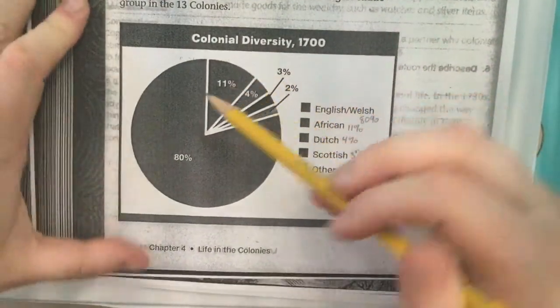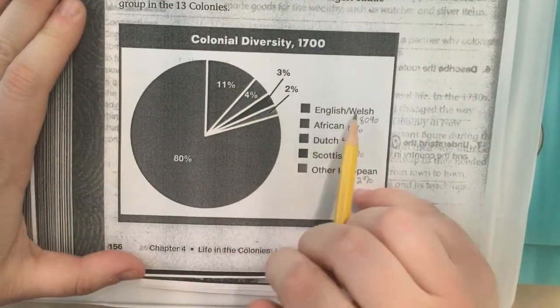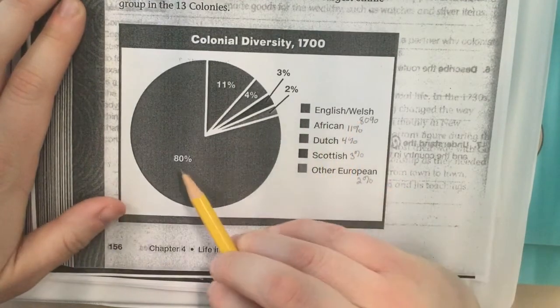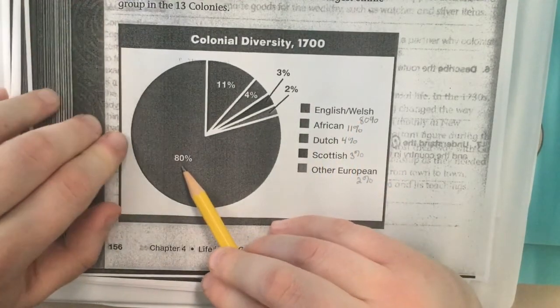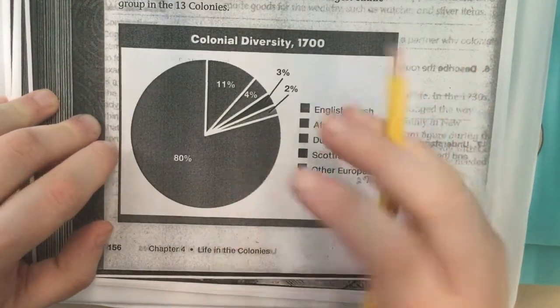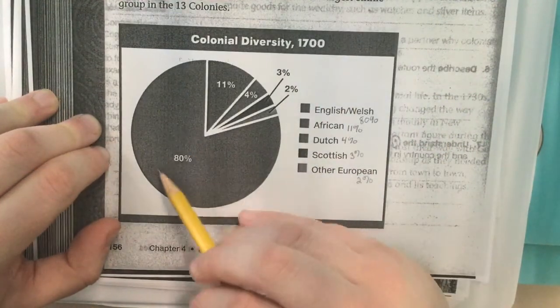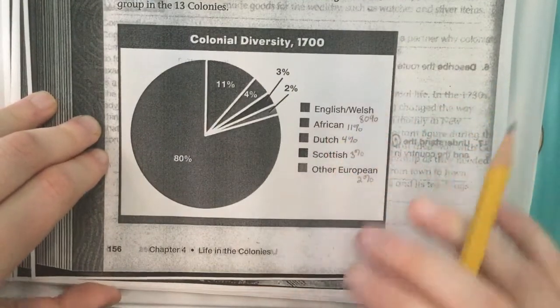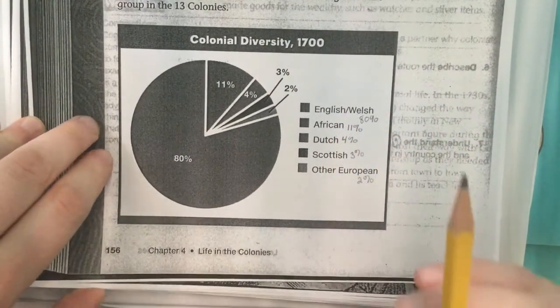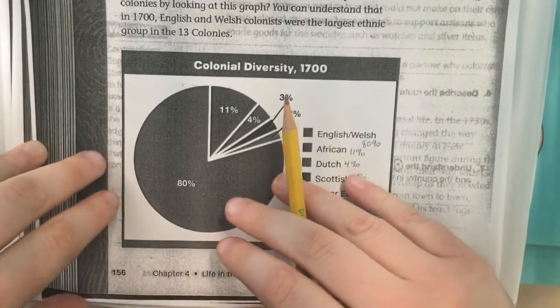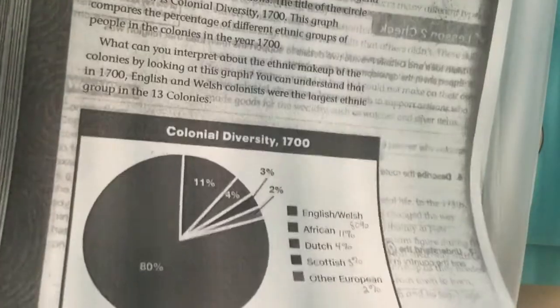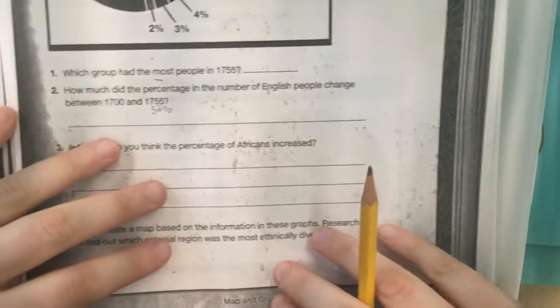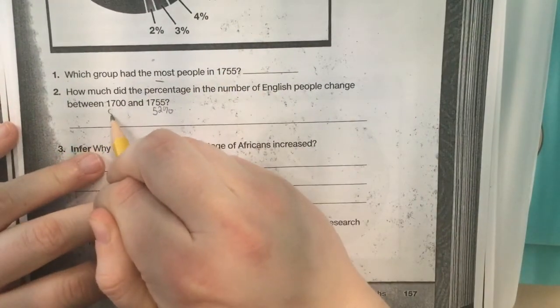Now, on this graph it says English and Welsh was 80%. That means that 80% of the population was of English and Welsh background. So our answer for the 1700 graph is 80%. So we go back to our question and we can fill in 80%.